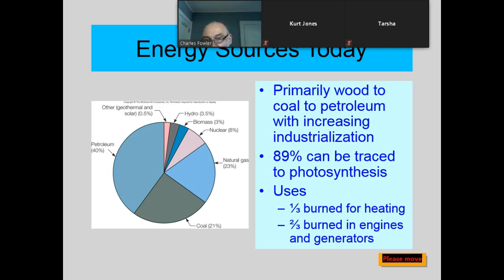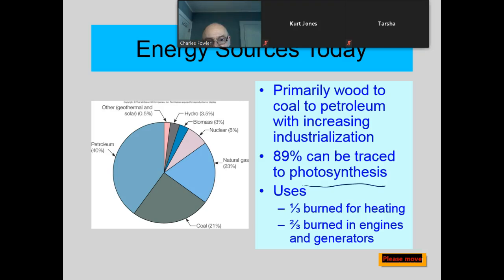So all those that we talked about there, wood, coal, petroleum, natural gas, all that can be traced back to the photosynthesis of those little green leaves on the trees, but it could be those trees that were in existence a millennia ago or longer, centuries ago, millennia ago or longer. Okay?